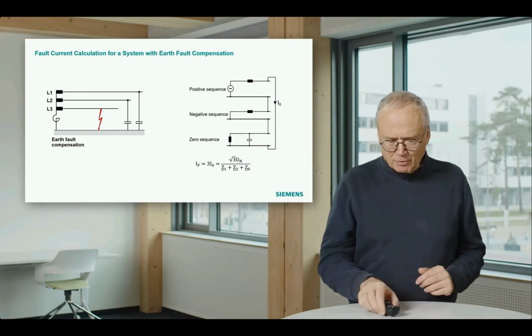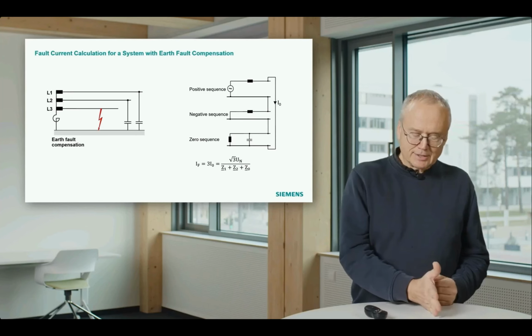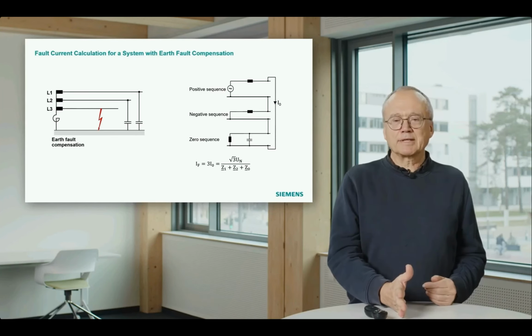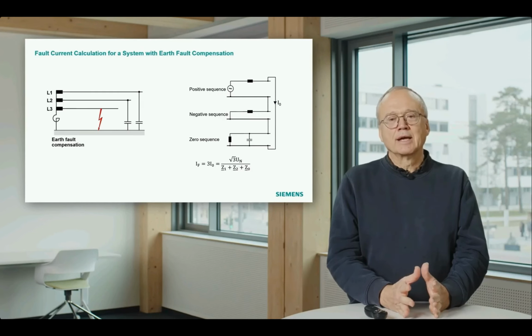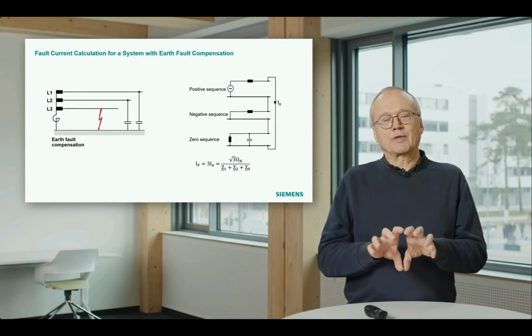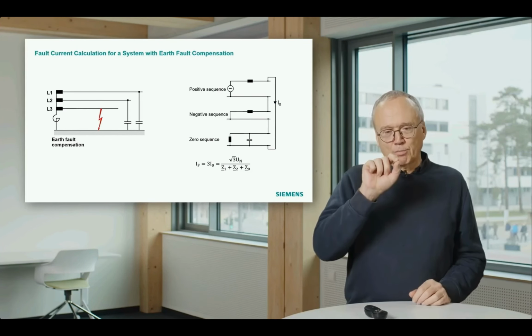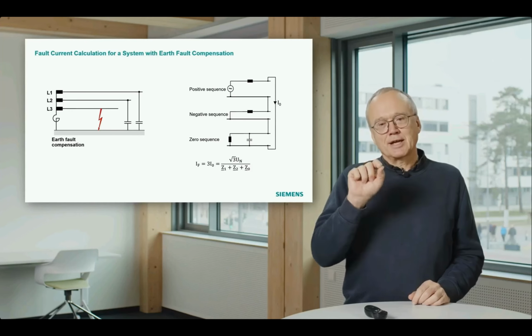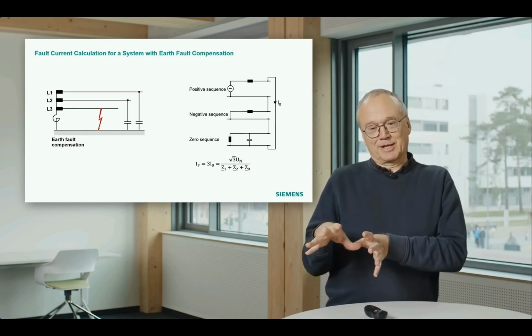Then somebody had the nice idea: if I put an inductance in parallel to a capacitor and tune the inductance in the right way, I can make the resulting impedance nearly infinite. That is the idea, to put this inductance in parallel to the capacitance in this zero sequence representation.